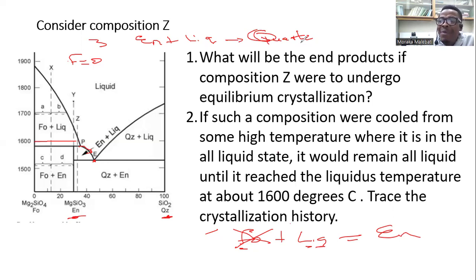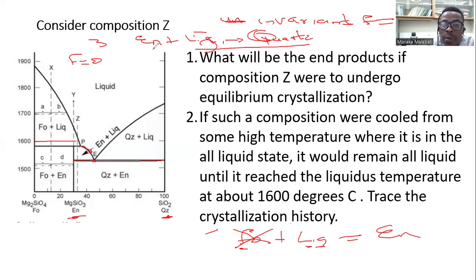But now the temperature will also remain constant until the liquid is consumed, because we said the eutectic point is also invariant, when the degree of freedom is just 0. And we've got 3 things here now. Remember, we want to only remain with astatite and quartz. So it means we must consume all of this liquid. Remember the temperature here is constant. You can see the temperature must remain constant until all of the liquid is consumed.